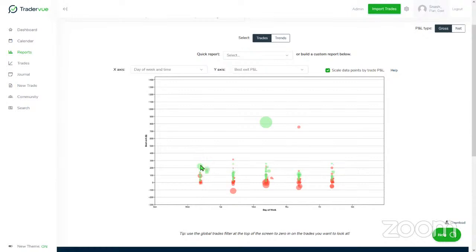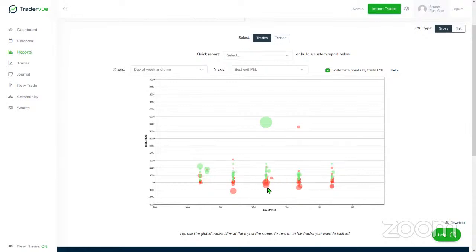So this is essentially telling you, hey, Mondays are a day in which your trades tend to go more in your favor. It doesn't necessarily mean that you're really realizing any gains. It's just telling you that on those days, your trades tend to go in your favor more compared to other days. If we take a look at Thursday, it's not a good day in that sense if you compare it to Monday.